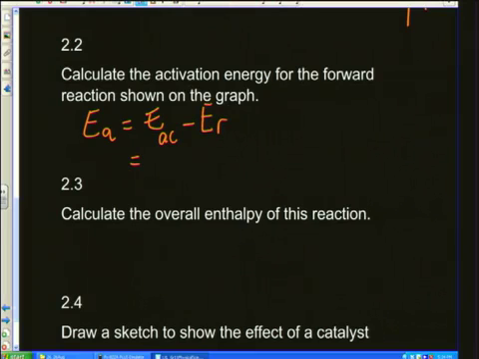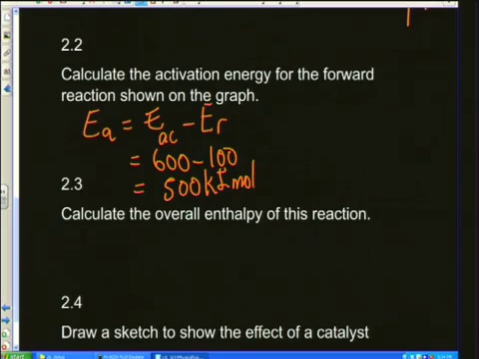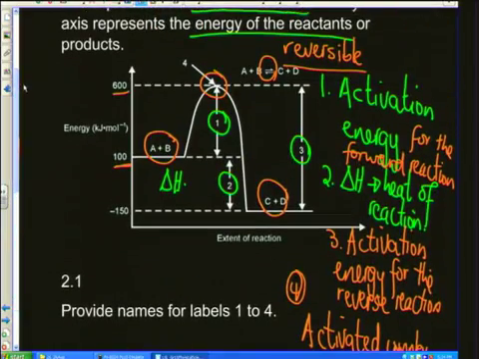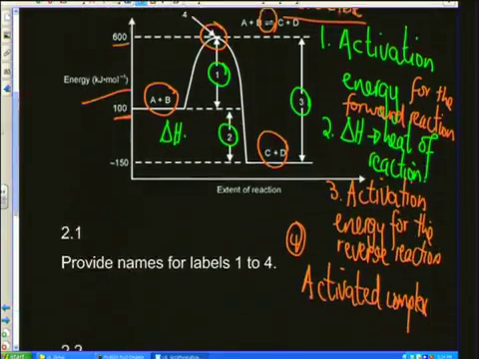So that will be 600 if you look at the diagram minus 100, and that equals 500, and this is given in kilojoules per mole if you look at the vertical axis here. Okay, kilojoules per mole.